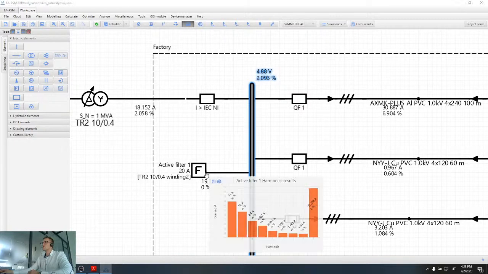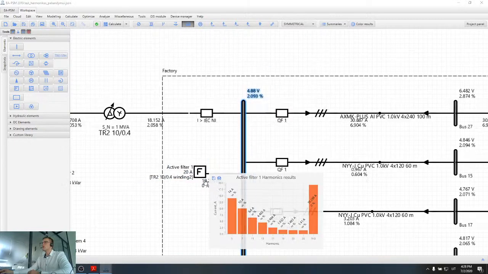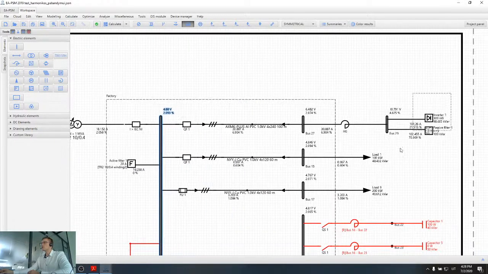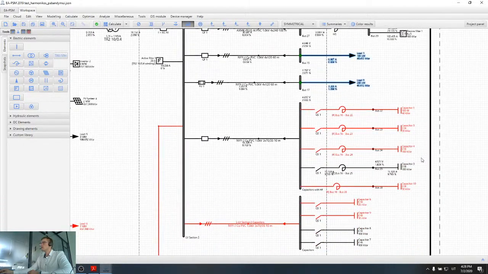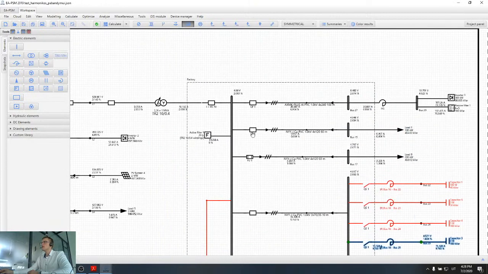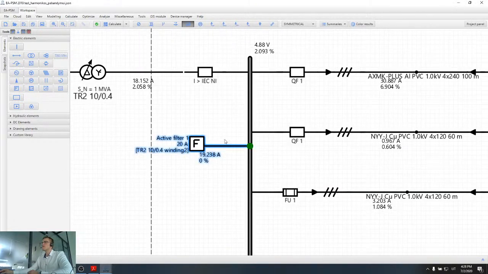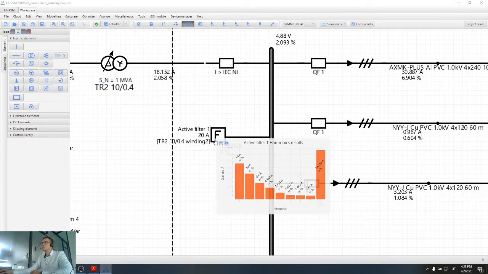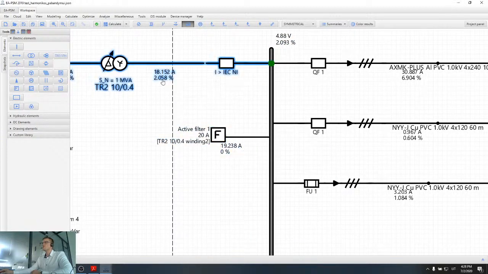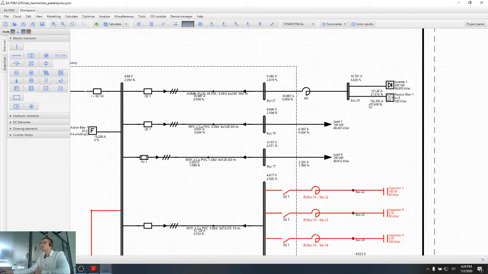So when we calculate the total sum of all the harmonics from all the harmonic sources, and also what harmonics are going to the loads and to the capacitors, we see that with the filter, voltage harmonics increased just a little bit, by a very small amount. But in other ways, this filter helps to mitigate harmonics and reach very small harmonic values.